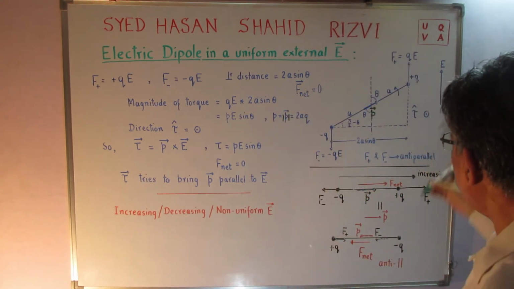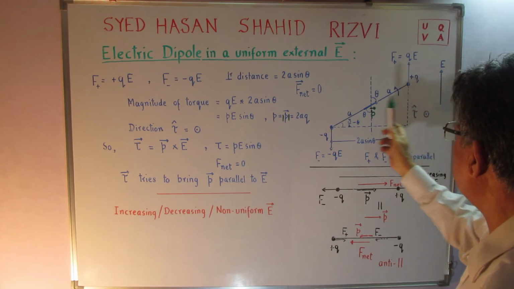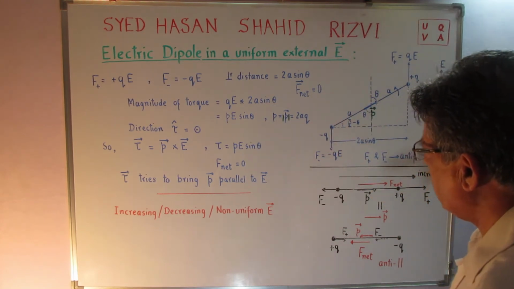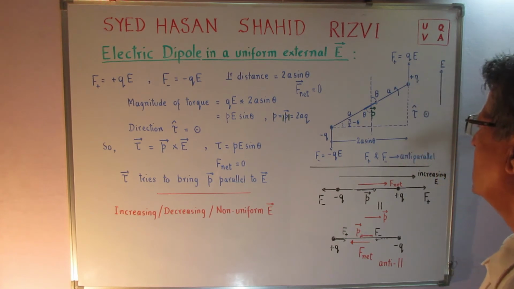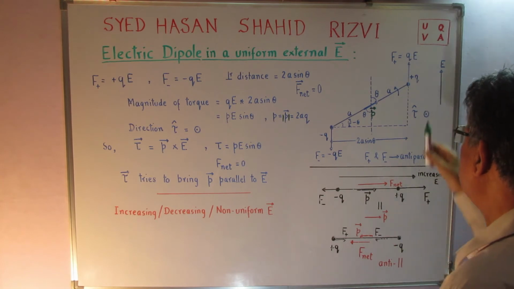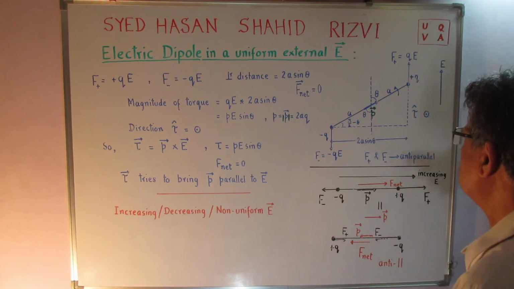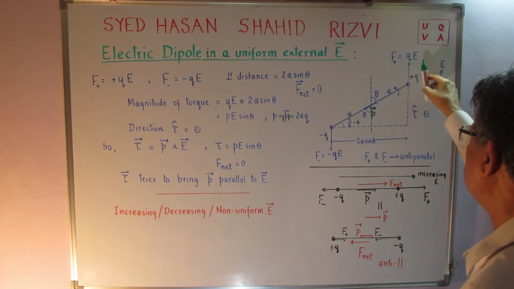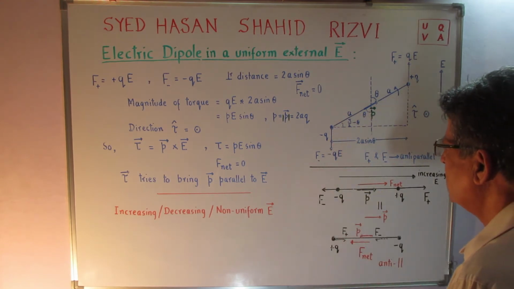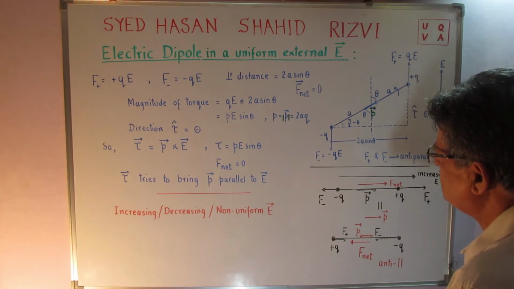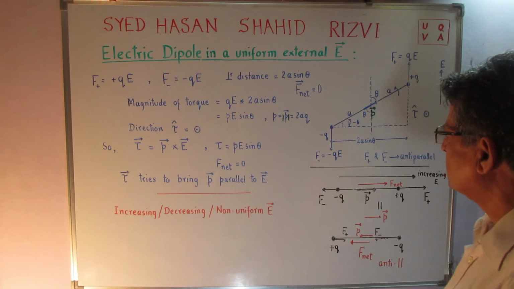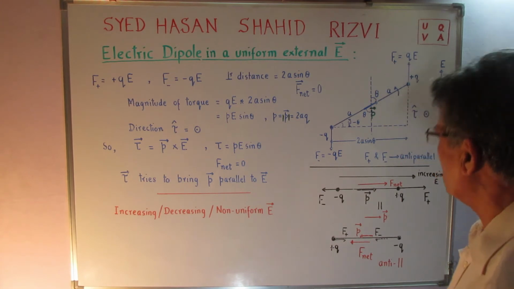So I put it in an electric field, which is uniform everywhere. This electric field will put a force qE on the positive charge, which is shown like this, F plus, and minus qE, which I am taking as F minus. Both these forces are equal to each other, so the net force on the system is equal to 0.